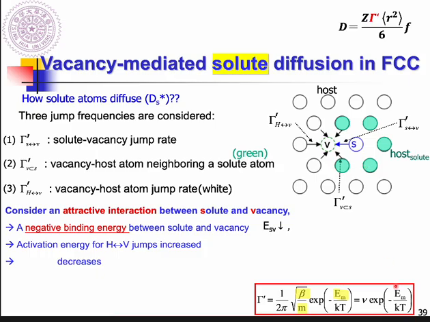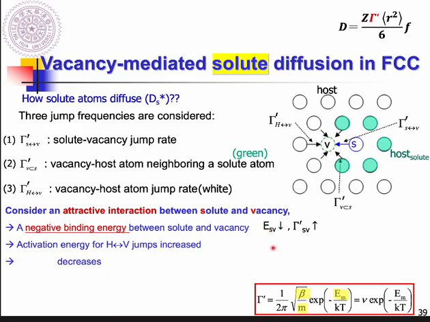Because they have negative binding energy, the solute and vacancy state has smaller energy, which means you have a higher exponential term. With a smaller value here, you get a higher exponential term.